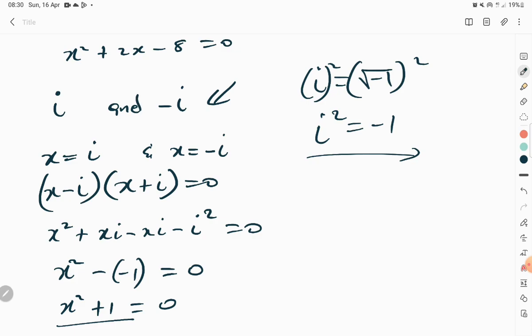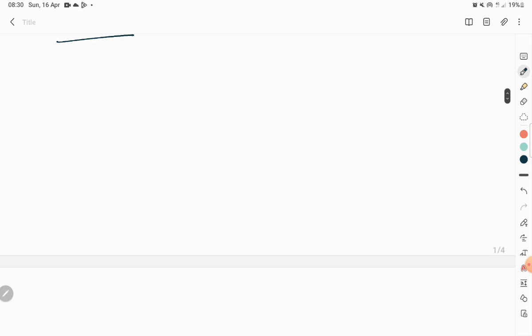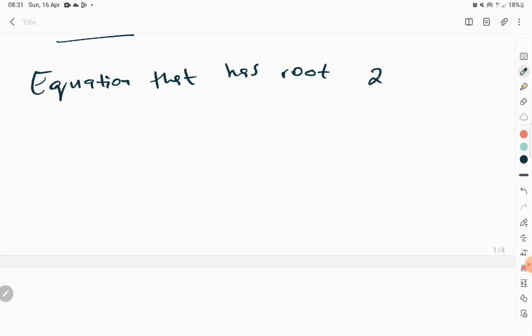So this was it. Now you also are to find the equation. Find the equation that has root, let's say we have 2i.